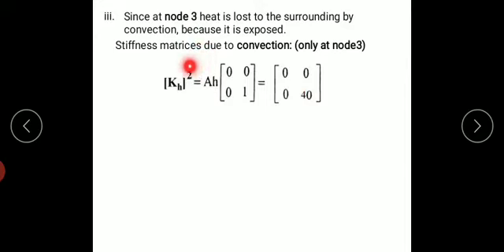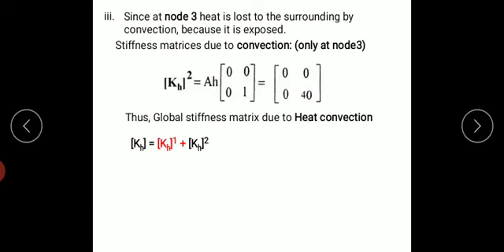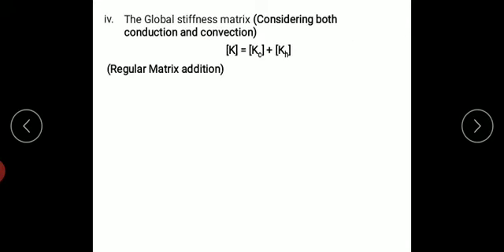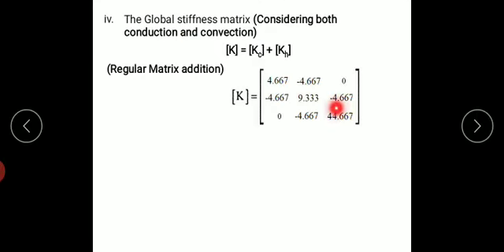So in the global stiffness matrix, the convection is not happening at element 1, so all those values are 0. At 3 comma 3, where convection is happening, the value is 40. Next, combining conduction and convection, K is equal to Kc plus Kh. This is a regular matrix addition, so I only have to add 4.667 plus 40, so I get 44.667.